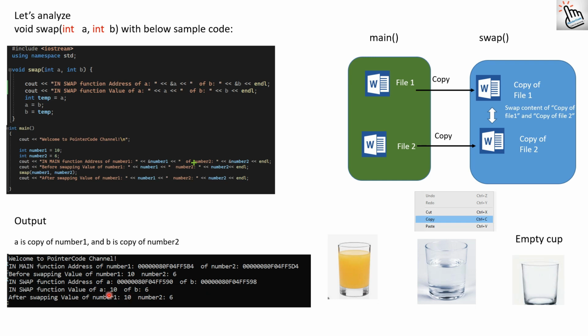And we can swap A and B, but after the swap, number 1 is still 10 and number 2 is still 6. It means that the change only happens in the copy variables. That's why the function cannot swap number 1 and number 2 in the main function. So we have to use the pointer here.